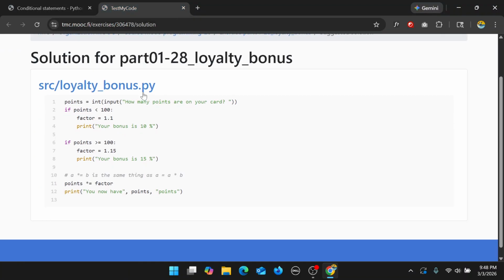So this is their model solution. They have a variable that tracks the amount of points that you have on your card. And then it asks if points are less than 100, then you do the 1.1 factor. And if points are over 100. So they didn't change anything. Oh, so they did the calculation outside.